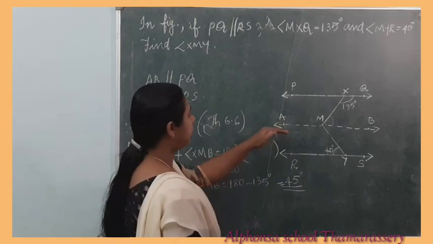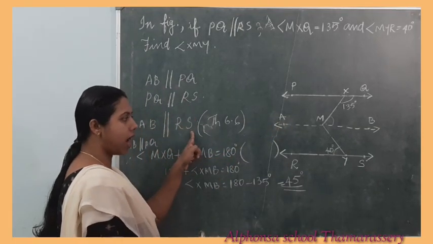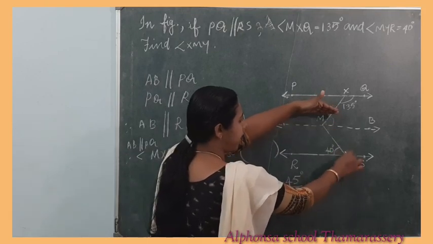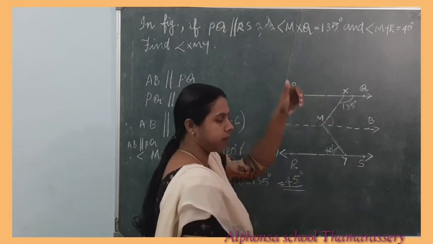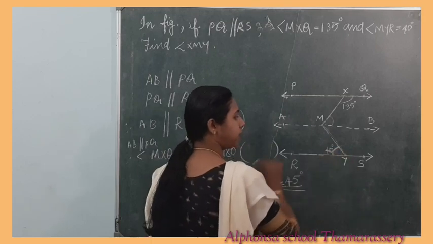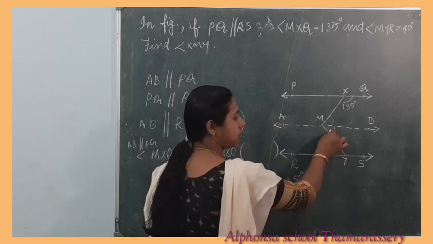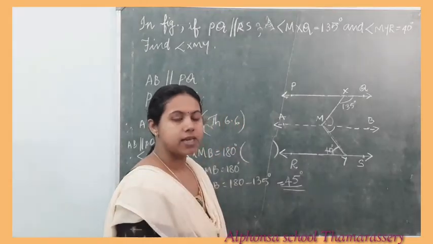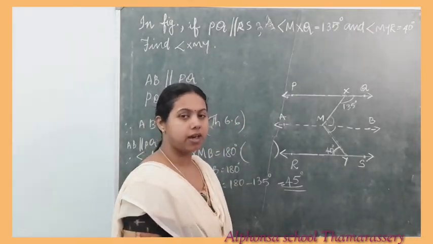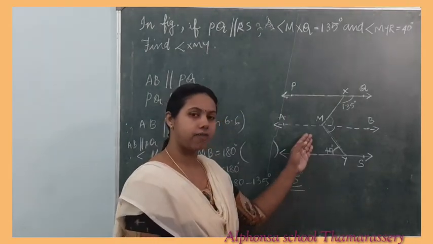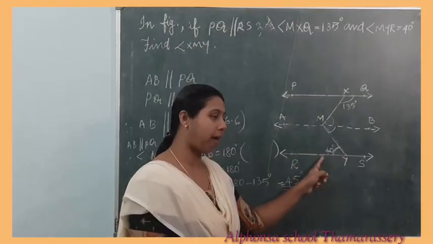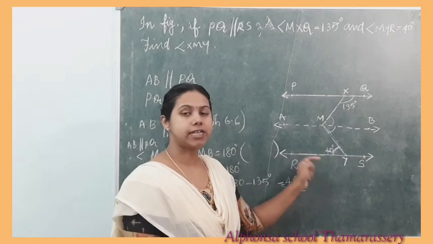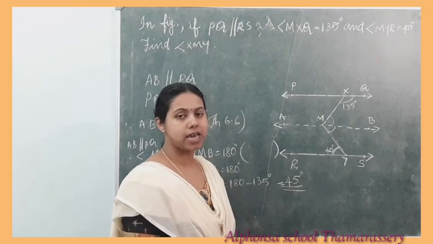Now we know that AB is parallel to RS. So if AB is parallel to RS, then MY is the transversal. This angle is given, then this angle also. These two angles are alternate interior angles. So by theorem 6.3, if a transversal intersects two parallel lines, then each pair of alternate interior angles is equal.